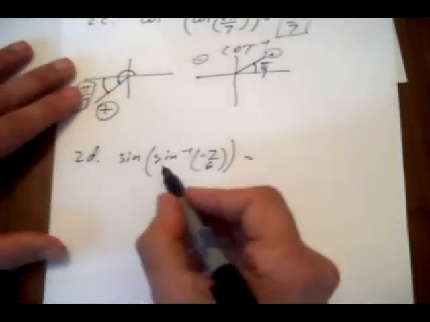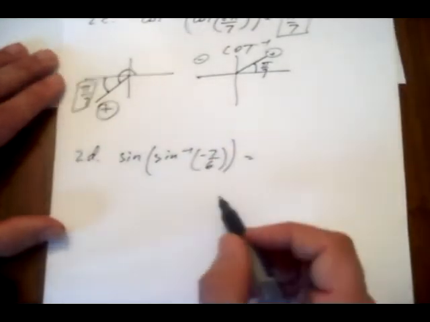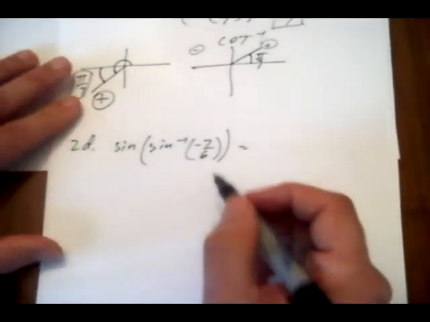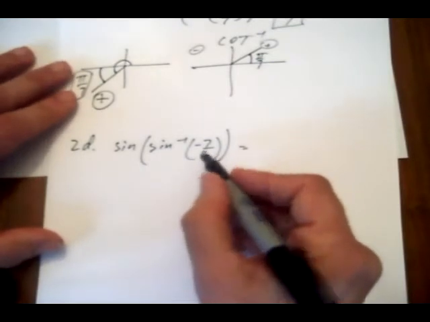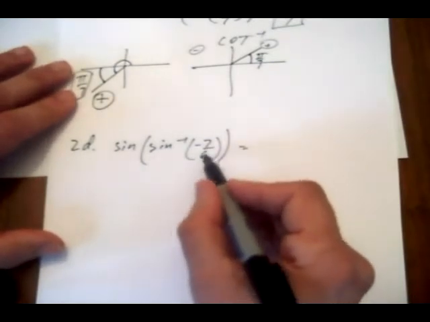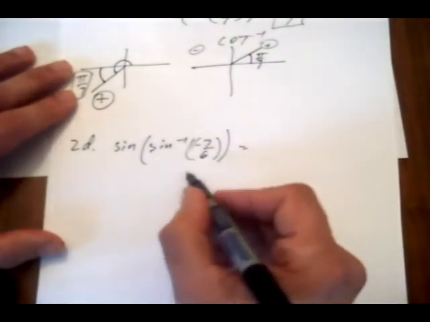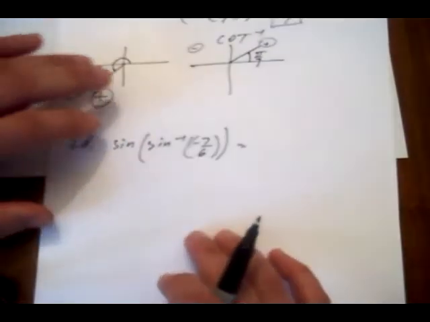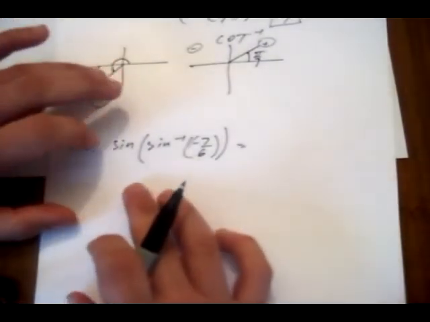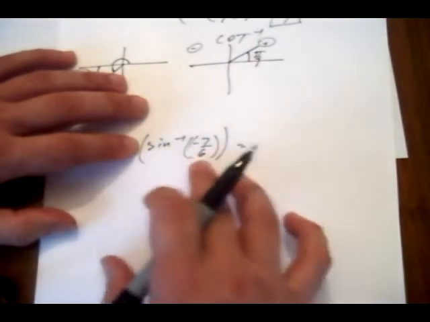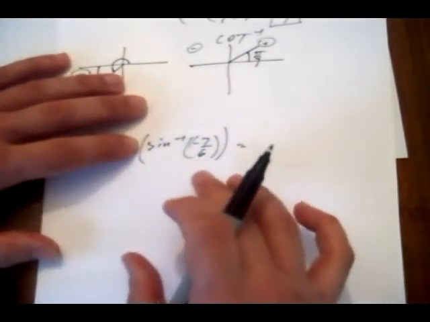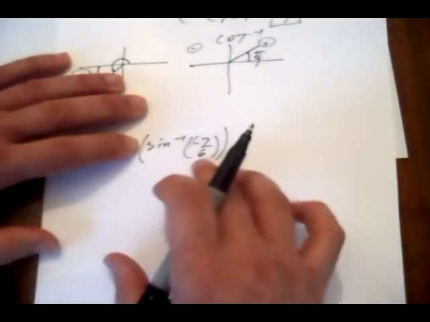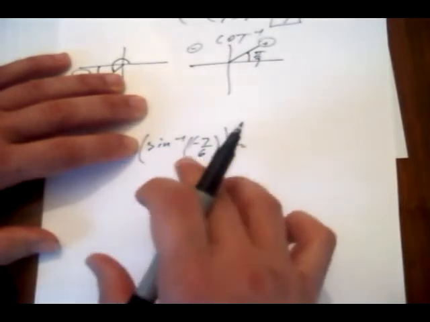Now sine inverse of -7/6. Two quick ways of doing this. Now the problem's going the other way. We have the inverse inside the parentheses. Therefore, we're looking one of two ways, either at the restriction or at the triangles.